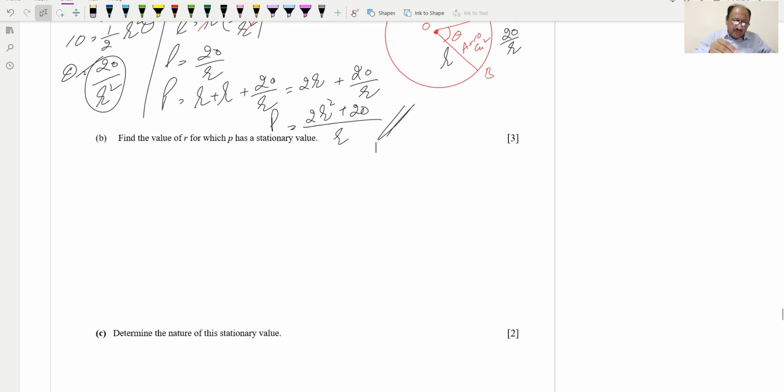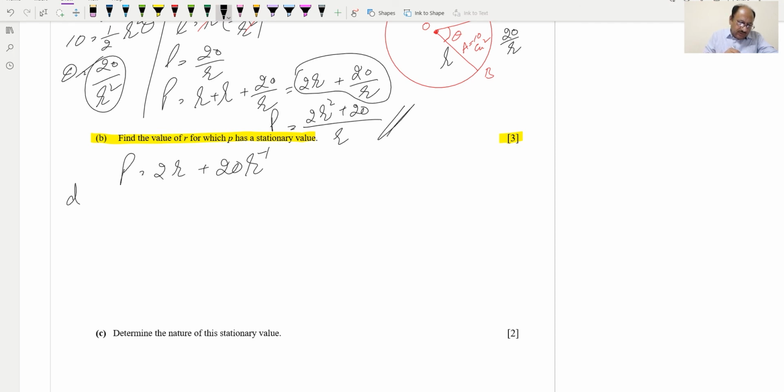And the B part says: find the value of R for which P has a stationary value. This is a 3-mark question. P is equal to, now we got this expression, I'm using this equation, P is equal to 2R plus 20, and R I'm writing as to the power minus 1.